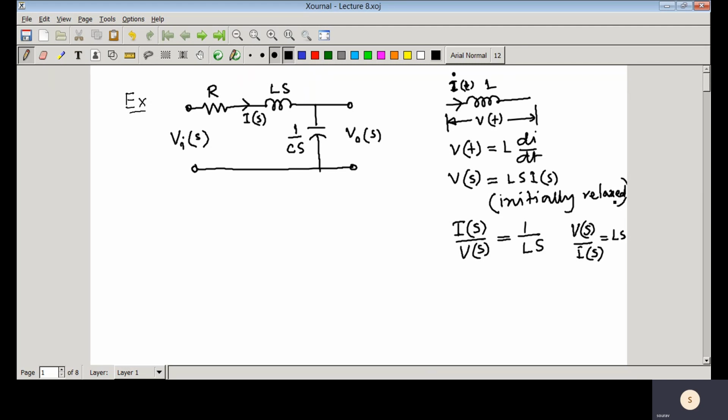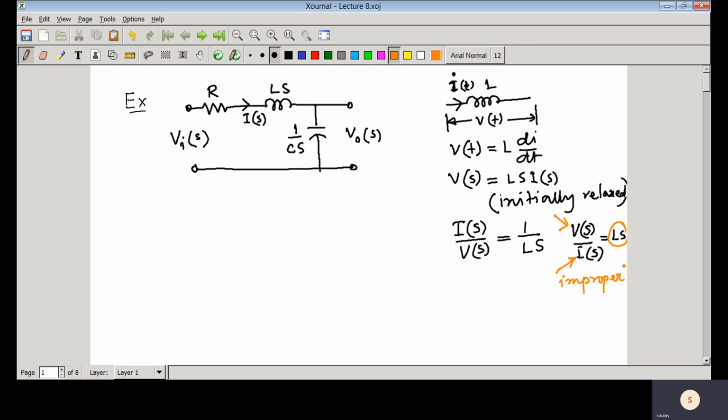So if you take the input as current and output as voltage, then you have the transfer function Ls, which is improper. And we have already discussed that an improper transfer function cannot be realized physically.